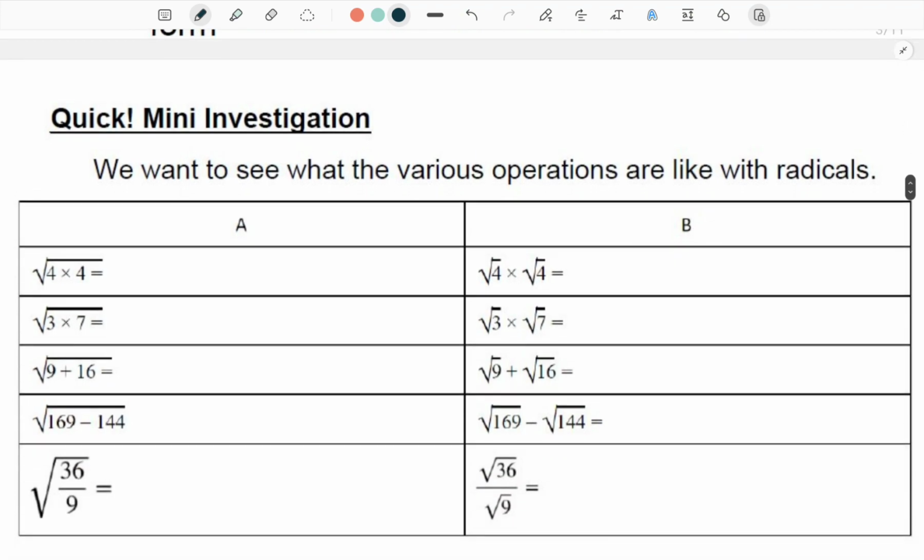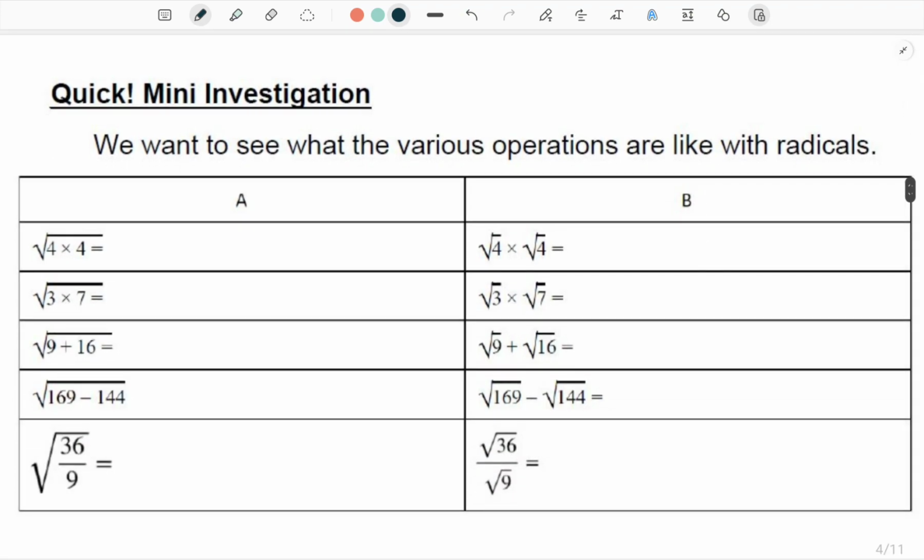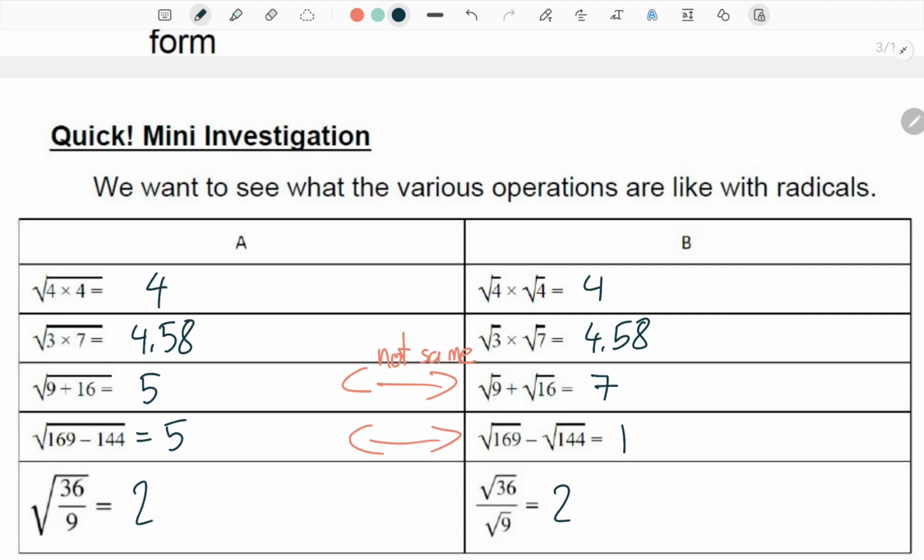Okay, so there's this mini investigation. So pause the video, and then I will magically have the answers appear in a few seconds. There are the answers. So what's key is that whenever you did multiplication, you should have gotten the same answer. Whenever you did division, you should have gotten the same answer. When we had addition or subtraction, we get different answers.